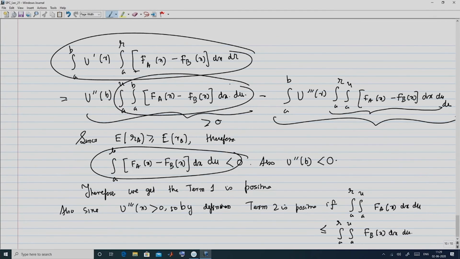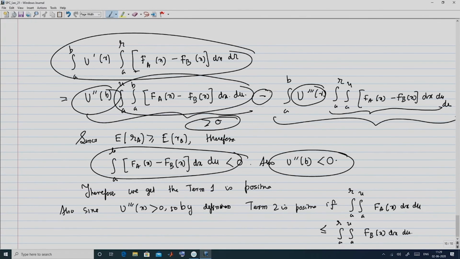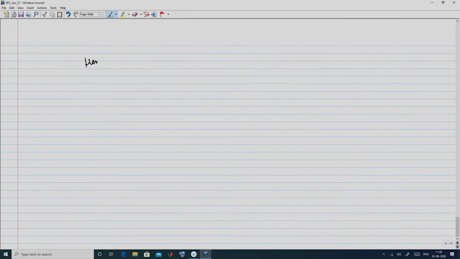So, this integral is going to be less than 0, u double prime of B less than 0. So, the entire expression is going to be greater than 0. And then what we have is we want this expression. So, here this is positive and there is a negative outside. So, as long as this quantity is positive, if I have this condition holding, hence E of u r A is going to be greater than or equal to E of u r B.